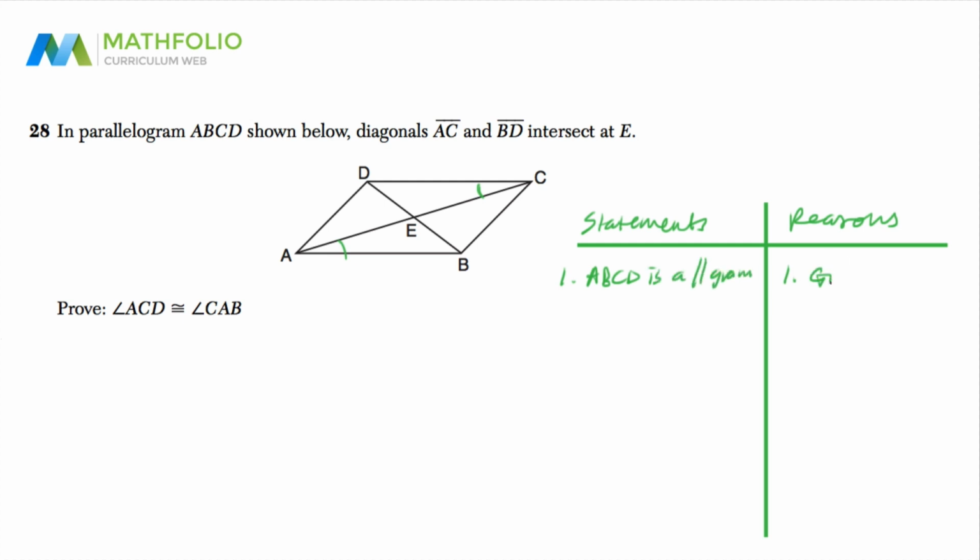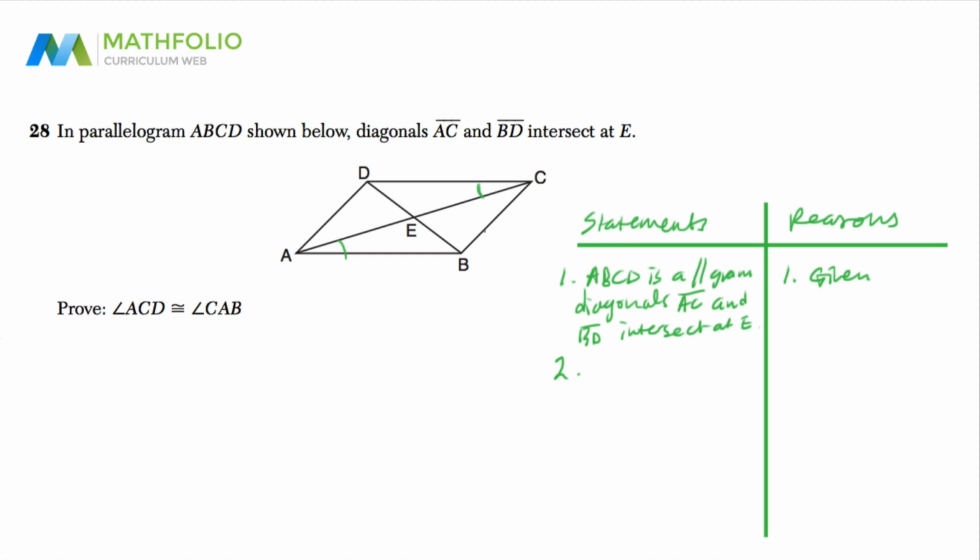The reason is given. And also, we could add to this that diagonals, because this was also given, diagonals AC and BD intersect at E, point E. So I'm just going to leave that in there.